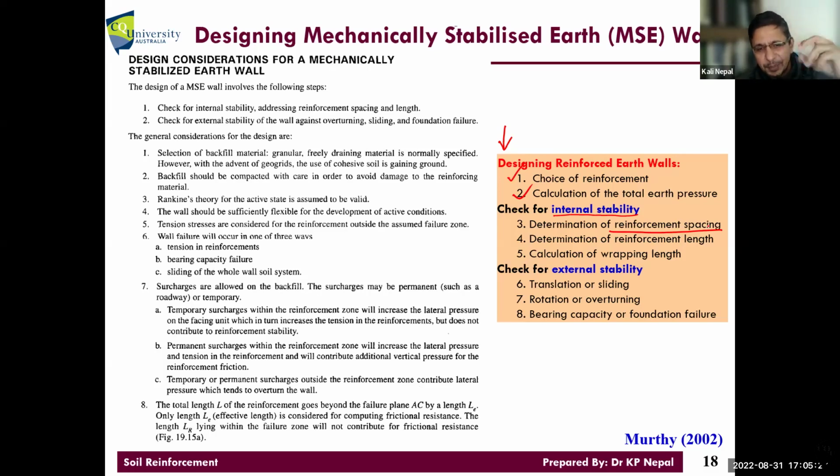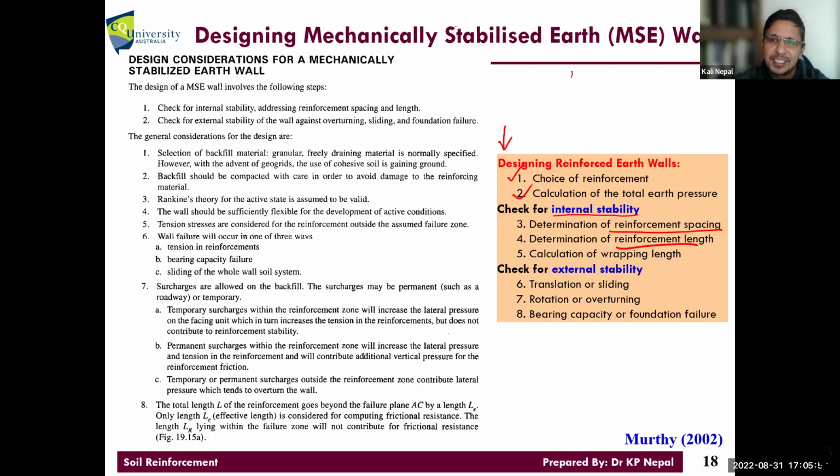If textile is used, we apply it throughout the horizontal, so there will be no gap. Geogrid is also the same. But if metal strips with metal ties are used, in that case you need to find the vertical spacing, how we put them, and then the horizontal spacing. And then how long it should be in the wall.